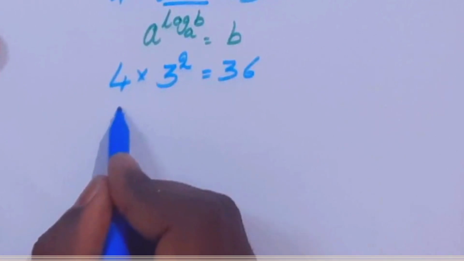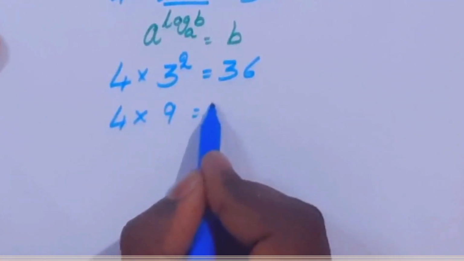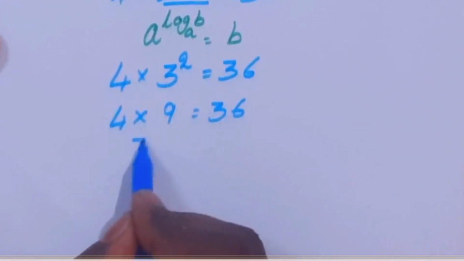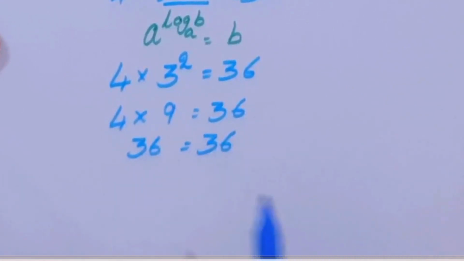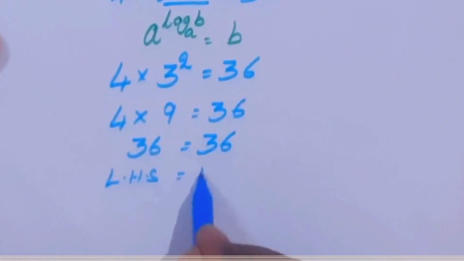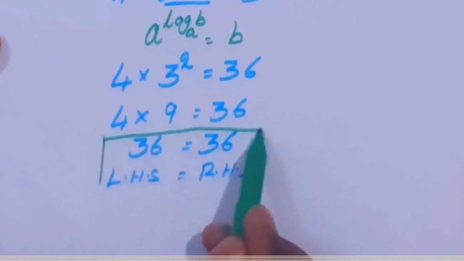Now 4 times of 3 power 2 is 9, equal to 36. 4 times of 9 is 36, equal to 36. So it is LHS equal to RHS. That's verified.